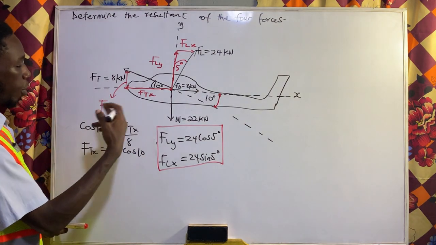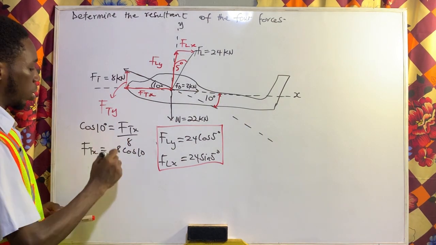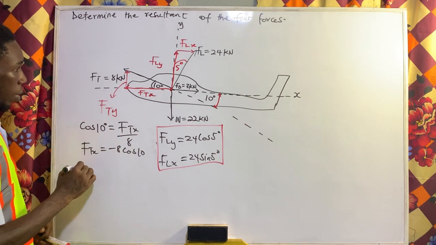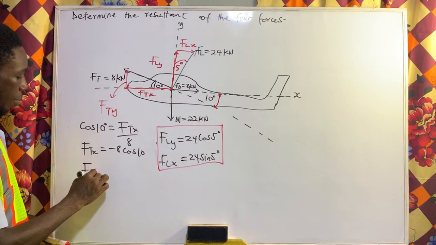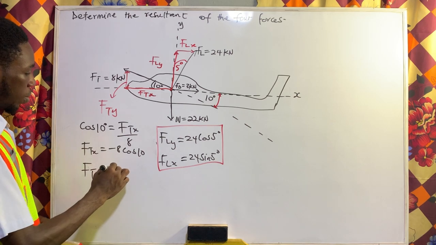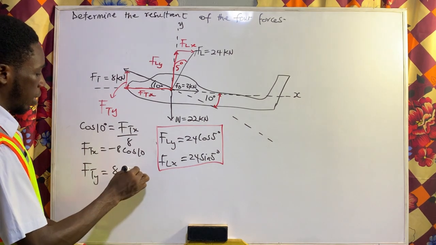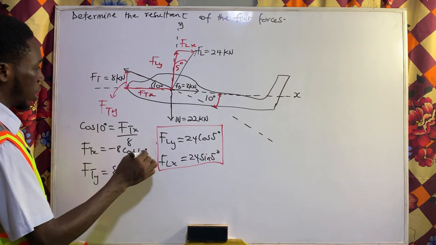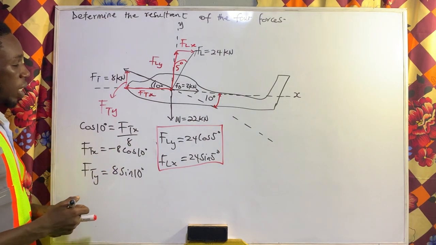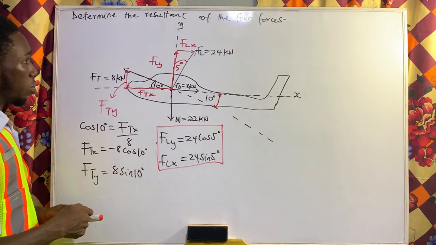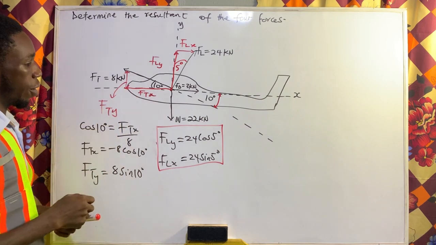But don't forget, it is pointing in the negative x-axis direction, so it's going to be negative. And you're going to have FTY also to be equal to 8 sine 10 degrees. That will be positive because it is pointing in the positive y-axis direction. So now we'll be able to resolve these two forces into their various components.